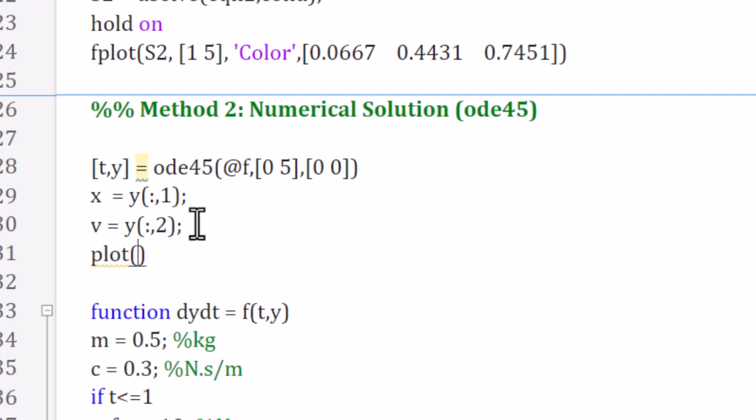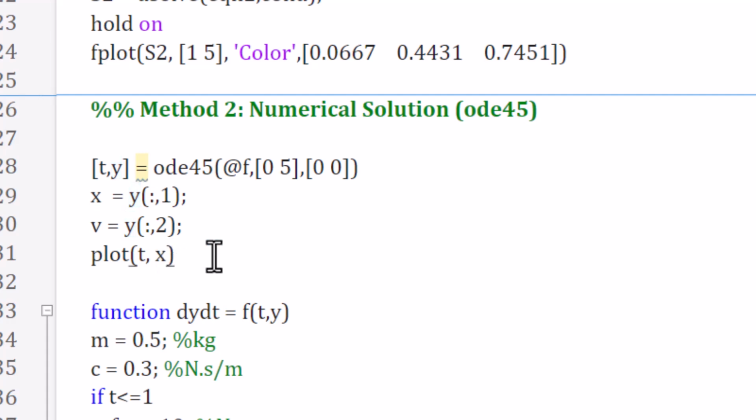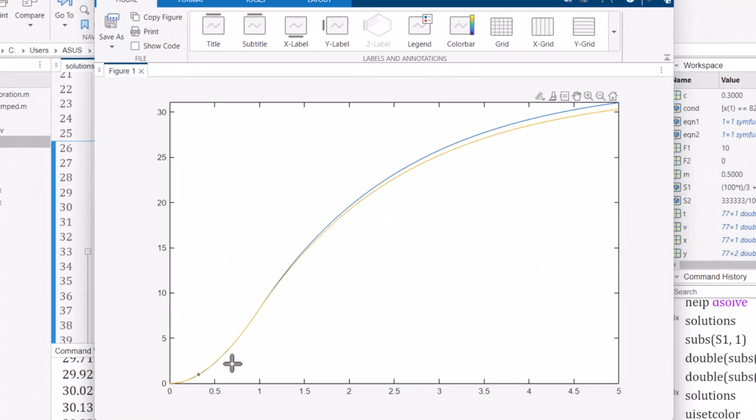Now I can plot t comma x, sorry. I press F5 and you see that the blue line is the solution of the dsolve command and the yellow line is the solution of ODE45, and you can see that they do not match perfectly. And which one of these solutions is more precise? Of course the dsolve command, since it is the analytical solution.